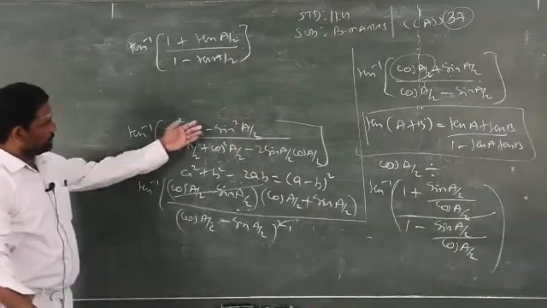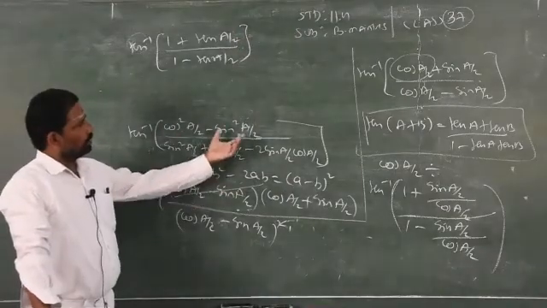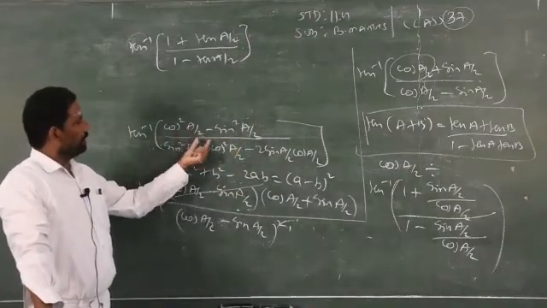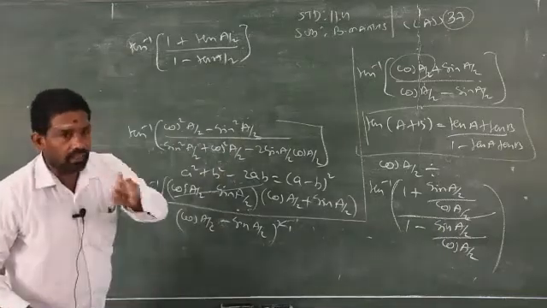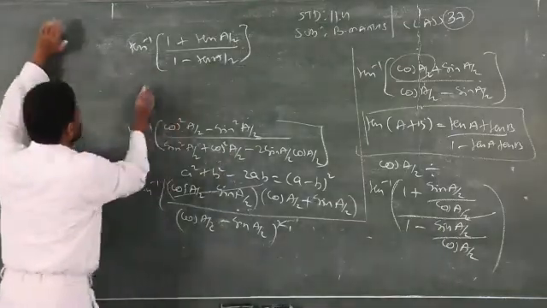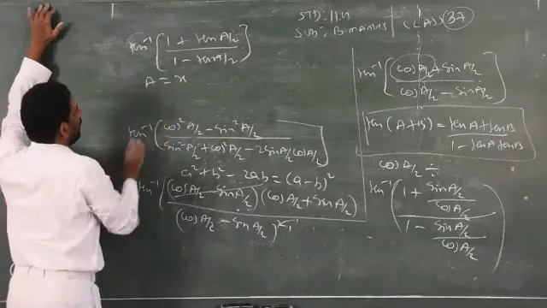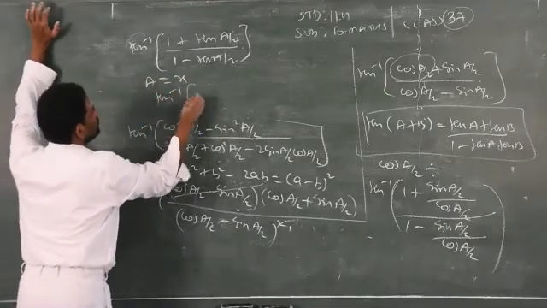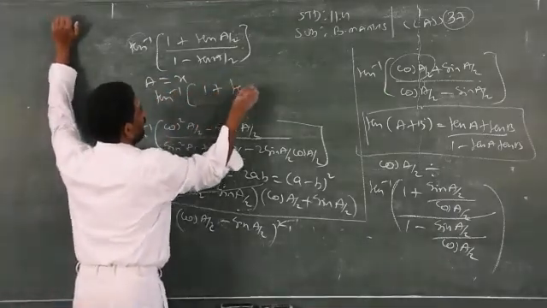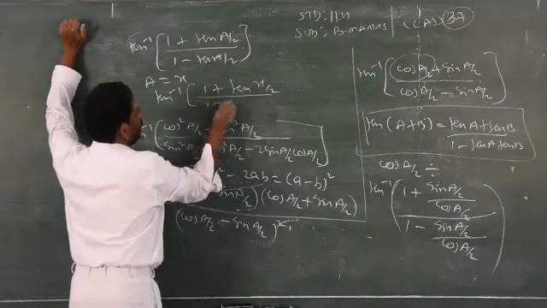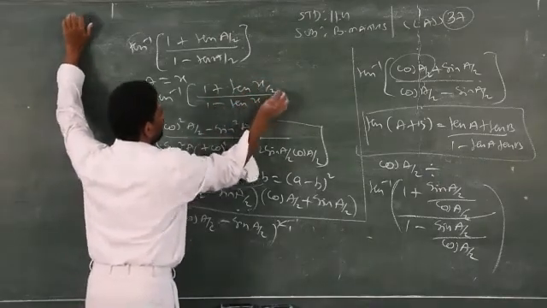Clear? So I replace those angles in terms of a by 2, but what is given here? X. So at the last stage you can replace a by x to avoid the confusions. So 1 plus tan x by 2 by 1 minus tan x by 2.